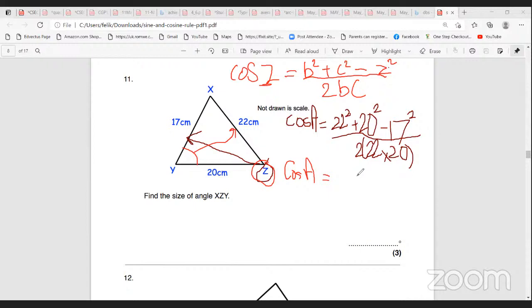Marlon, what did you get when you put this in the calculator? All right, what did you get when you worked this out?